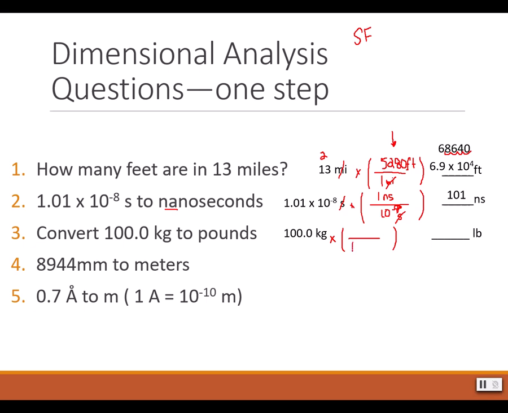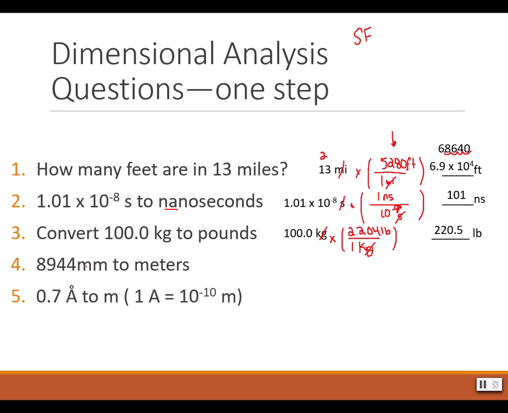I know in 1 kg, and I put that in the denominator because I want my kg units to cancel, I have 2.204 pounds. Kilogram units cancel. Doing that multiplication, I'm going to have a total for my answer of 4 significant figures. So my final answer, 220.5.